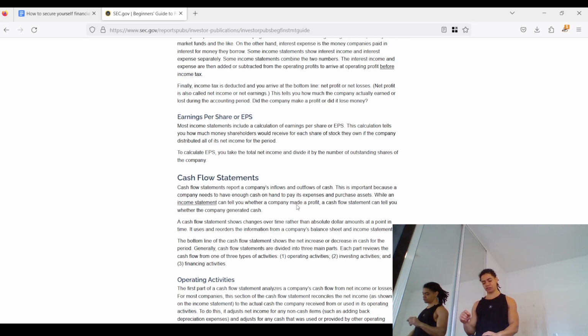such as patents, which are exclusive rights granted to creators or inventors to manufacture and distribute their invention over a period of time.